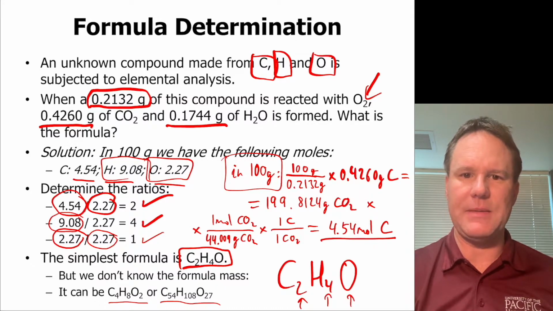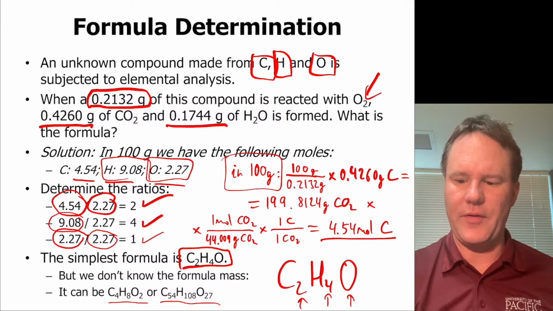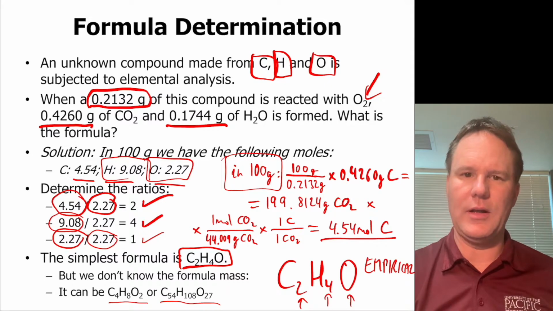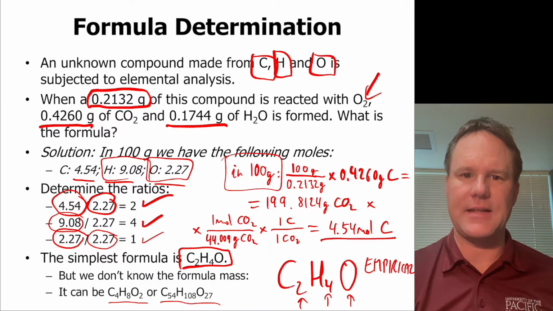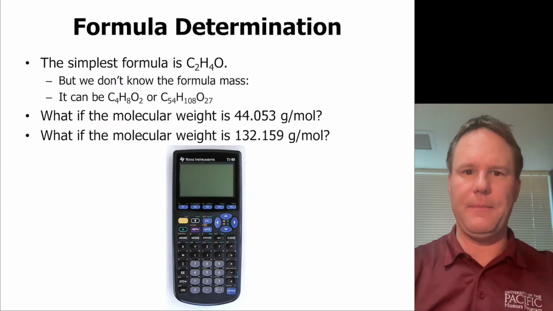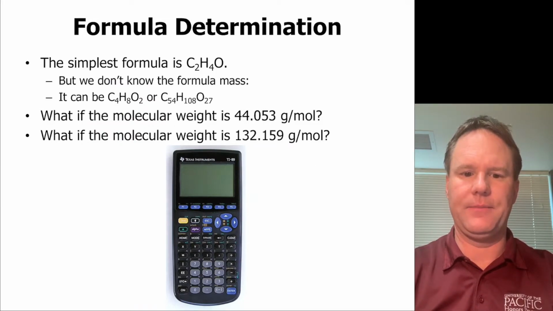Okay, so this was the simplest calculation. How to determine the formula? First, the empirical formula for a compound based on this elementary analysis. Okay, but how do we get the molecular formula again, right?